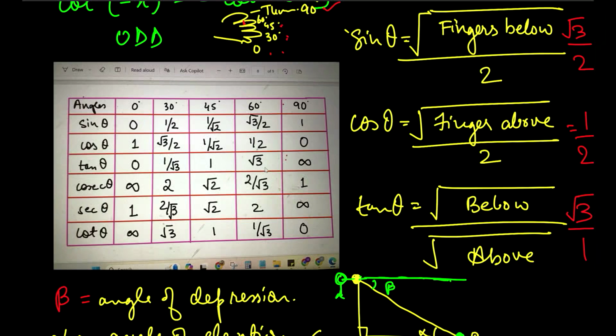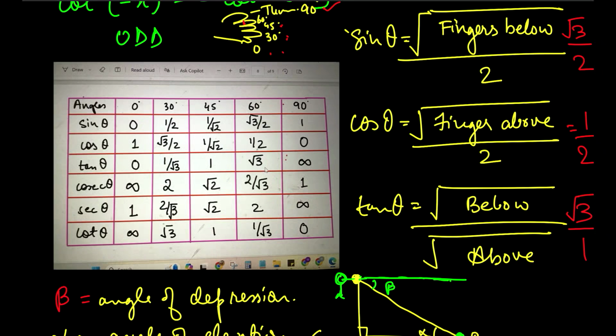Okay, so if 60 degree is your index finger, how many fingers do you have below that? So index fingers के नीचे हमारे पास 3 fingers hai. So therefore under root of 3 divided by 2 will be the value which is the actual value also. Similarly, if you are asked about the cos value, you have to just do the ulta, that is the number of fingers above it. For 60 degree itself, you have only one value, and that one value is equals to what?